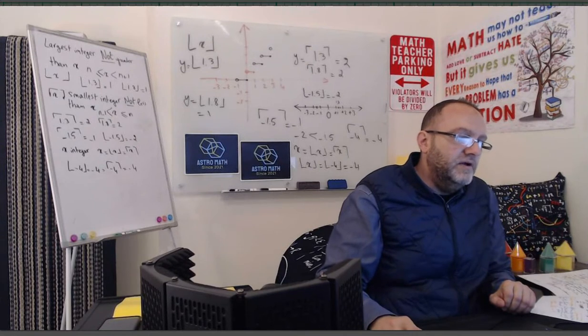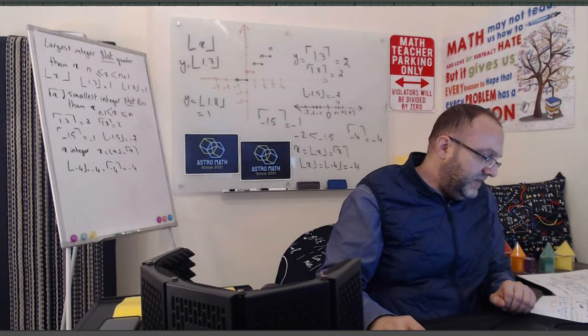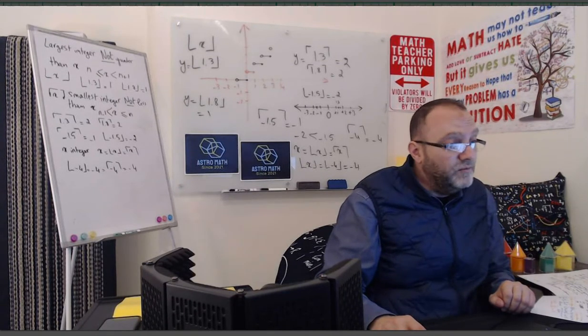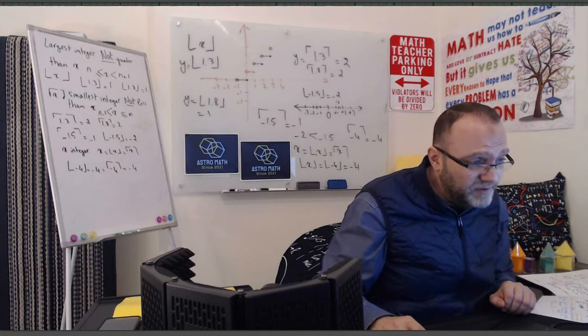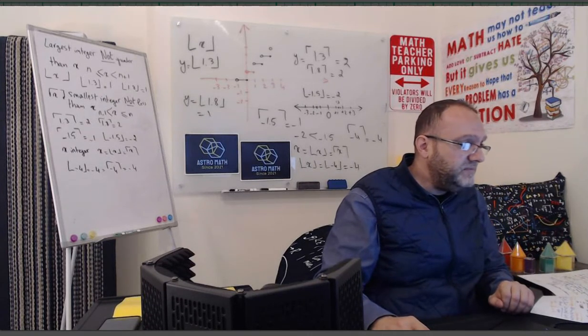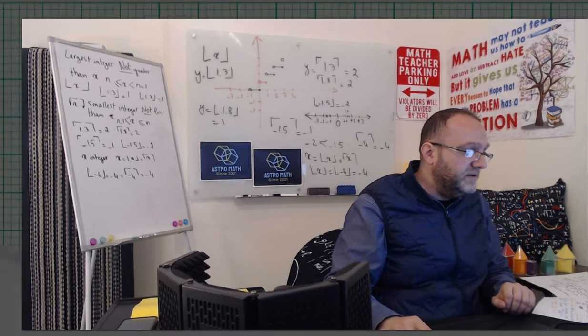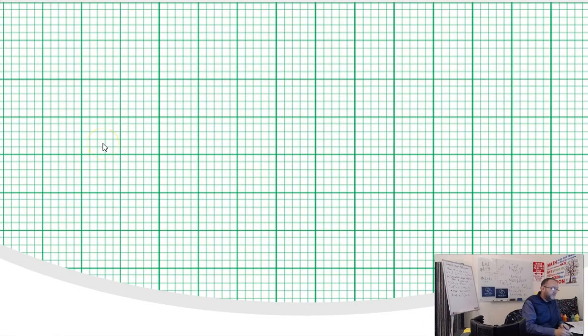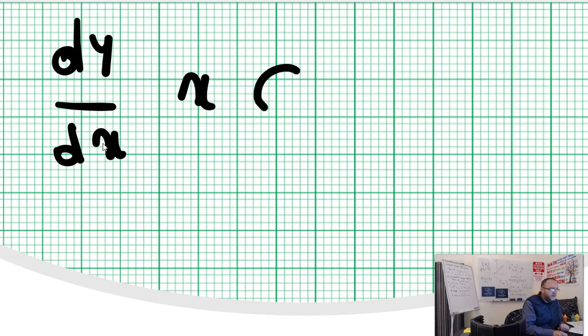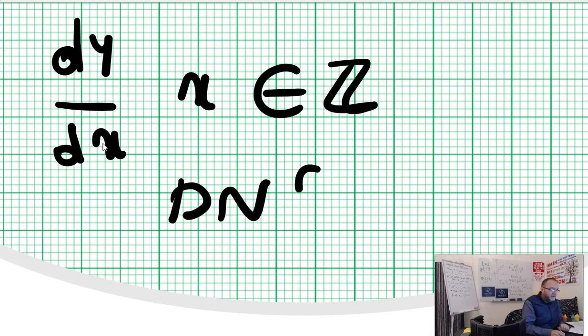That's how it's not continuous when x is an element of Z. So when x is an element of Z, it's not continuous and it's not differentiable. So dy over dx, when x is an element of Z, is DNE. You see that in some textbooks, does not exist.